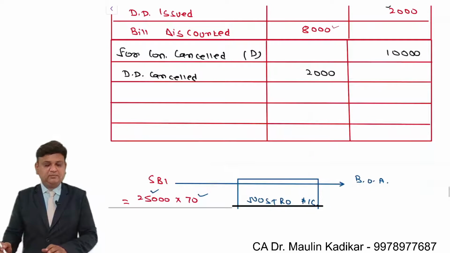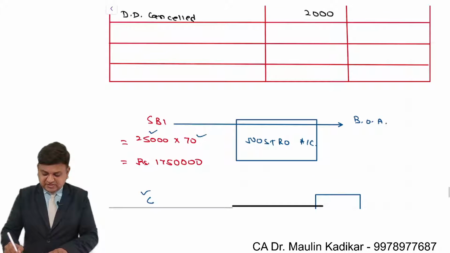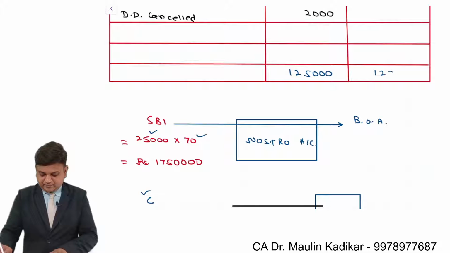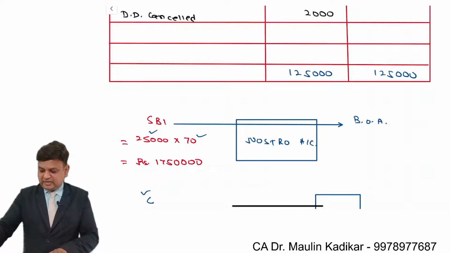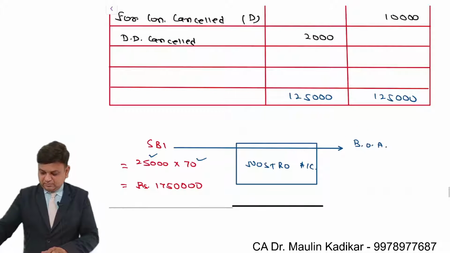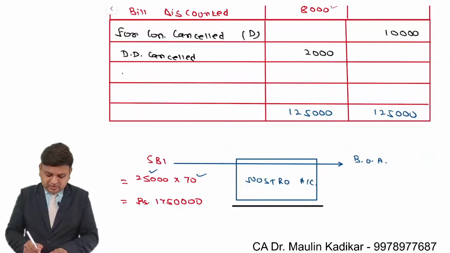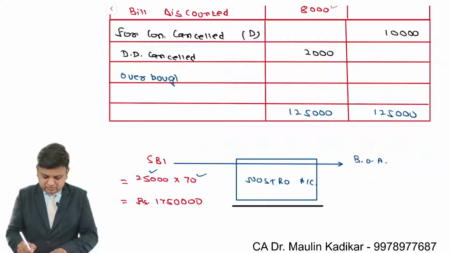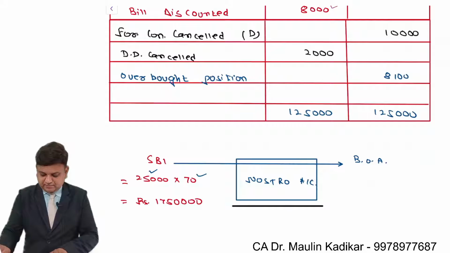So the sale is 44,000. So purchase it is 1 lakh 25,000 minus 44,000. That is overbought position of an amount of 81,000.